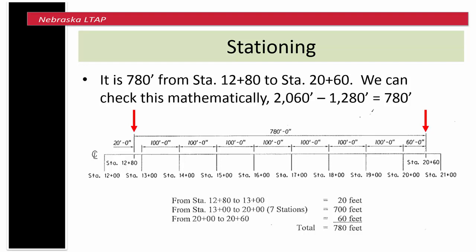This is also shown mathematically. If we drop the plus signs from station 20 plus 60 and from station 12 plus 80, you will have 2,060 feet minus 1,280 feet, which equals 780 feet.